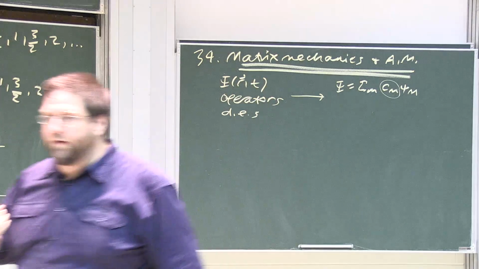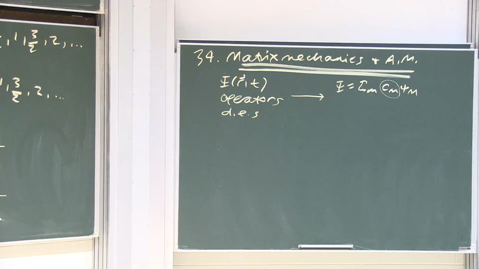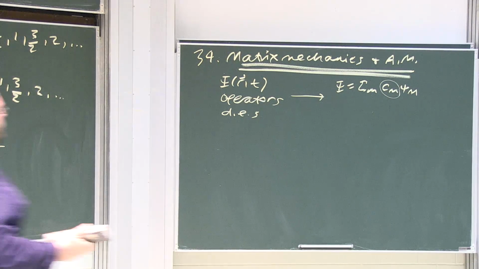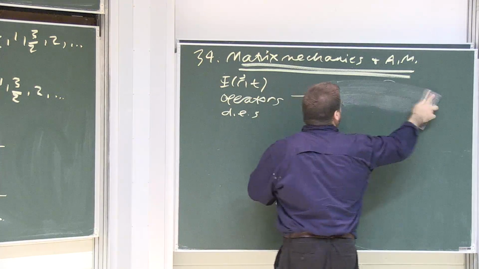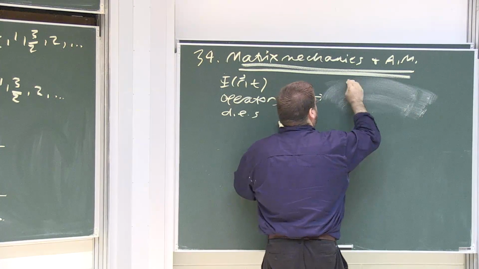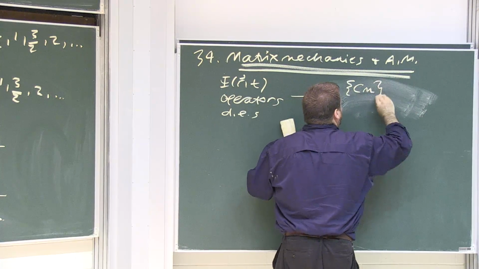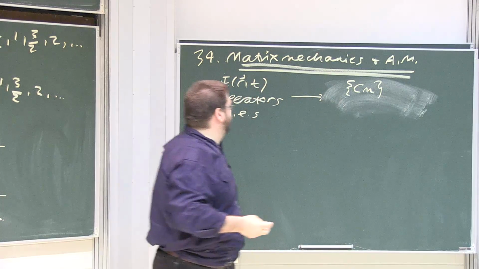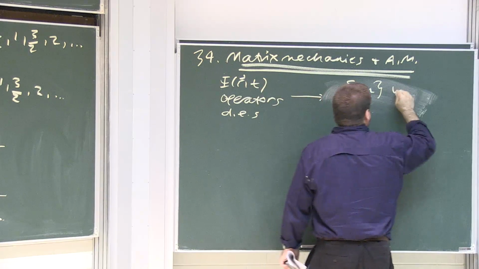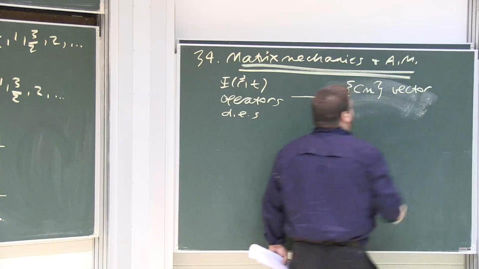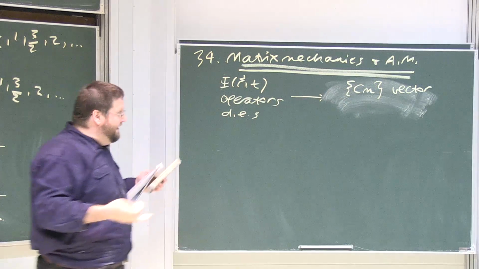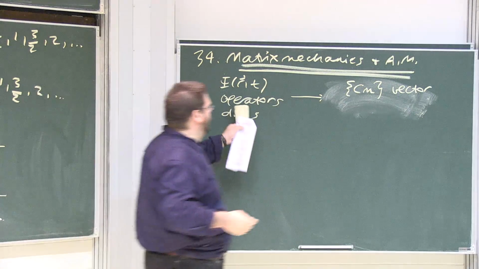That set of coefficients Cm, which represents the wave function in the matrix theory, is a column vector. So instead of a function, you have a vector. It's an infinite component vector, so you have an infinite dimensional vector space, so that's fine.